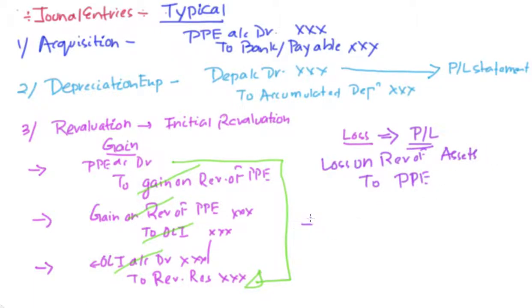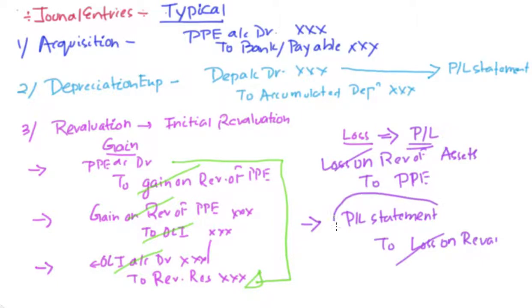The second journal entry would transfer the loss to the profit and loss statement, with the P&L account debited to loss on revaluation. So basically, it's a transfer. The P&L account is debited to PP&E.